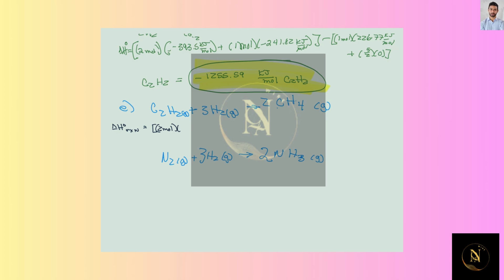What is CH4? I've got to go to the thermodynamic table for CH4. Thermochemical data table, I always use University of Wisconsin. And CH4 is negative 74.81.